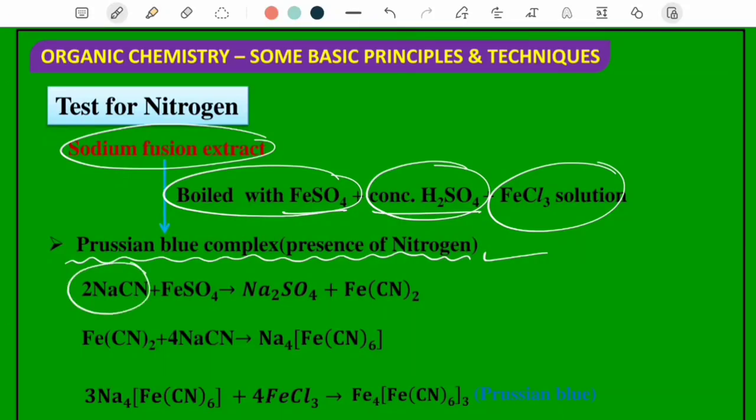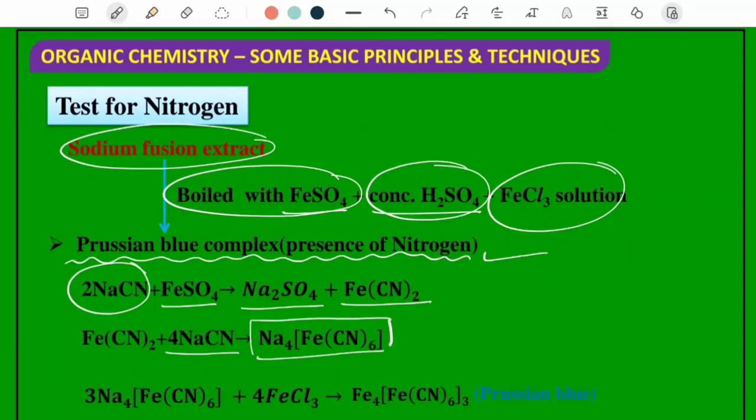The sodium fusion extract containing sodium cyanide is treated with iron sulfate to form sodium sulfate and iron cyanide, Fe(CN)2. Now iron cyanide with sodium cyanide forms sodium hexacyanoferrate.